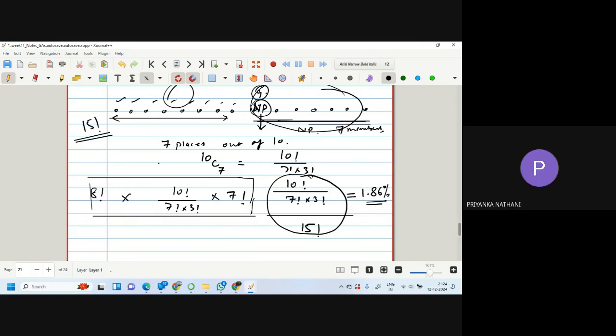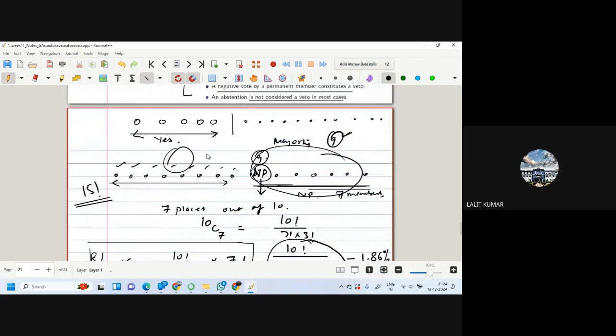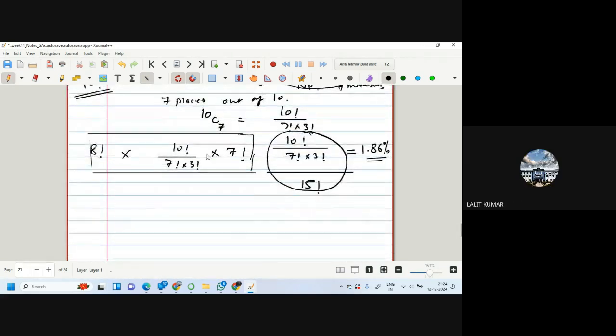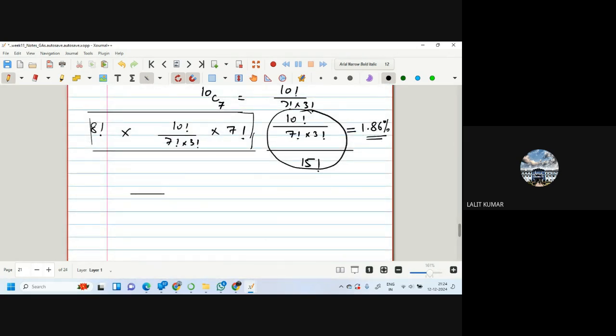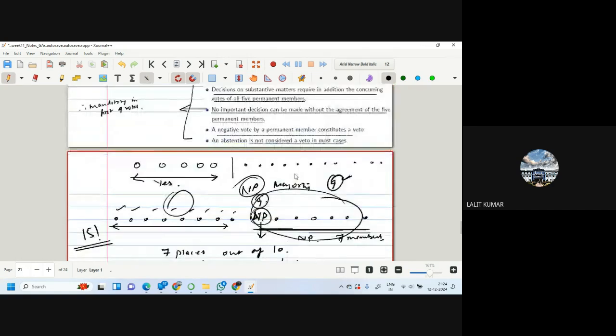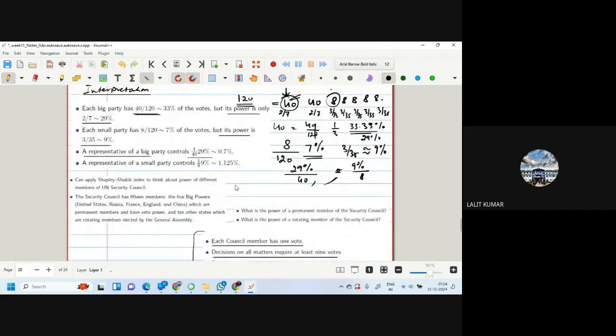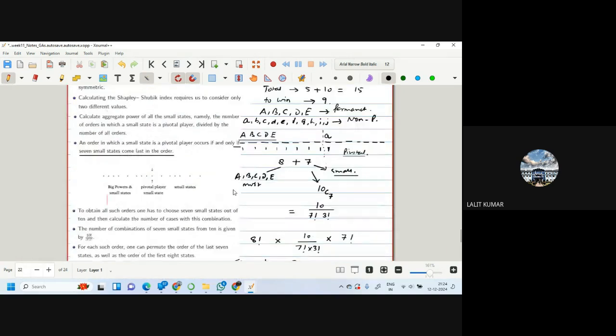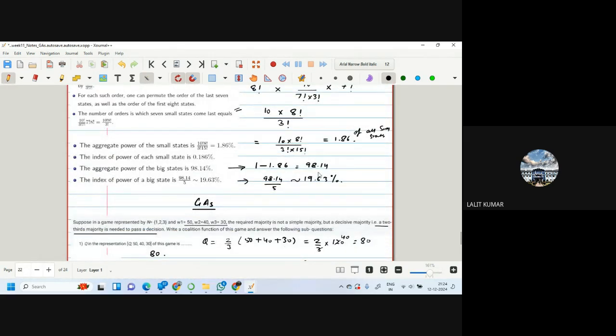तो ये किसका है ये? सिक्योरिटी काउंसिल का नहीं, जो 10 नॉन परमानेंट मेंबर का. ओके, और जो बाकी परमानेंट मेंबर्स हैं उनका कितना हो जाएगा? 100 minus 1.86, so this will become almost 98%. हाँ, तो ये 98 इसका point, they have given this problem. ठीक है, 98.14 आता है. और फिर 98.14 को 5 से डिवाइड कर देंगे तो every permanent member enjoys this much power.